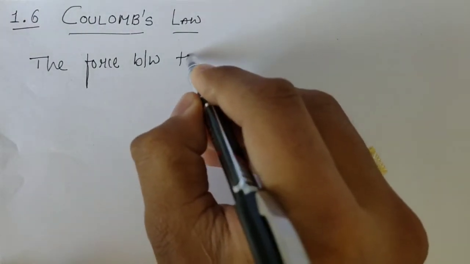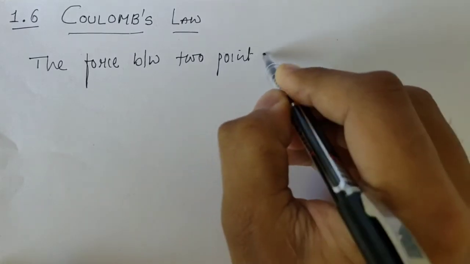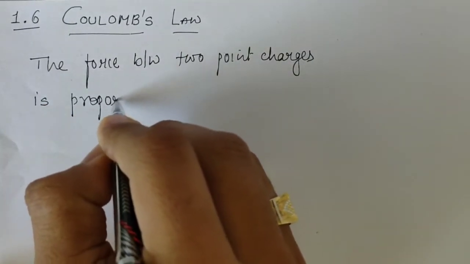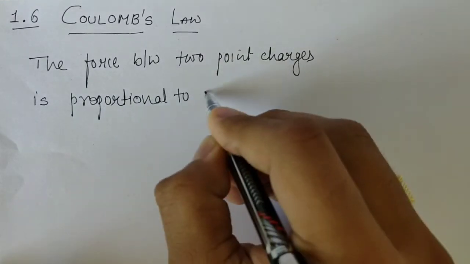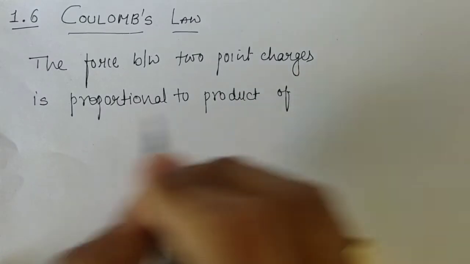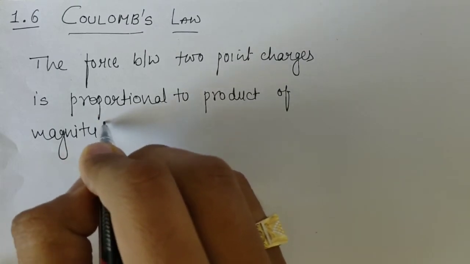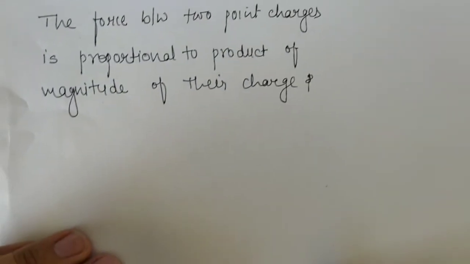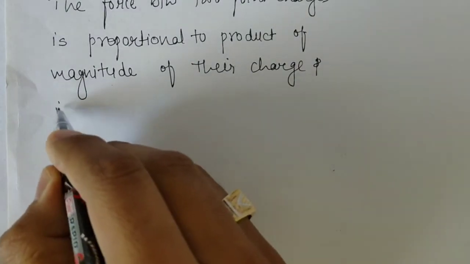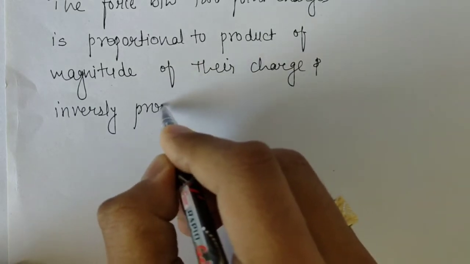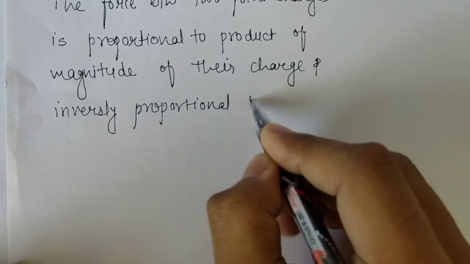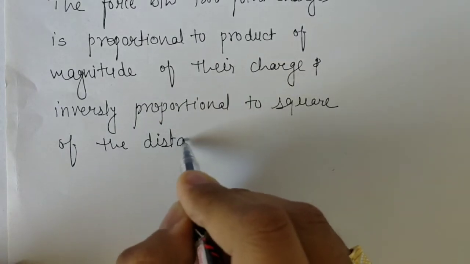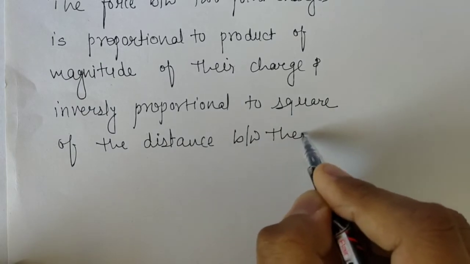Force between 2 point charges, meaning very small charges, is proportional to the product of the magnitude of their charges and inversely proportional to the square of the distance between them.